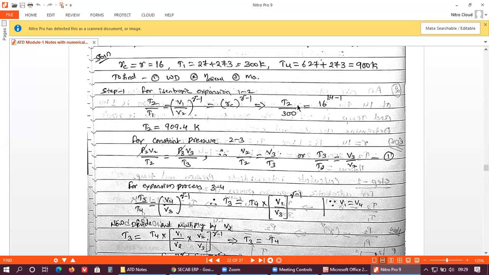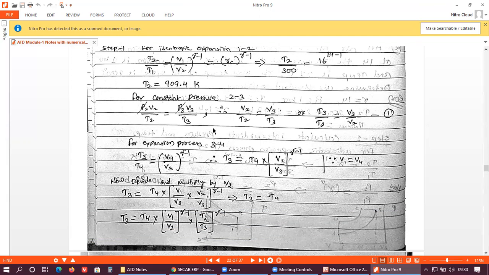From this equation I can calculate T2, that is 909.4 Kelvin. Similarly, I need to calculate T3, but to calculate T3 I need one more expression, because V3 is required.